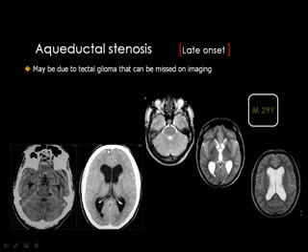And you can see changes similar to aqueductal stenosis in children. You can see these changes in the adult population. And if you see these manifestations, it's very important to do an MRI for this patient, looking for a very small tectal plate glioma or glioma of the tectal plate of the midbrain.